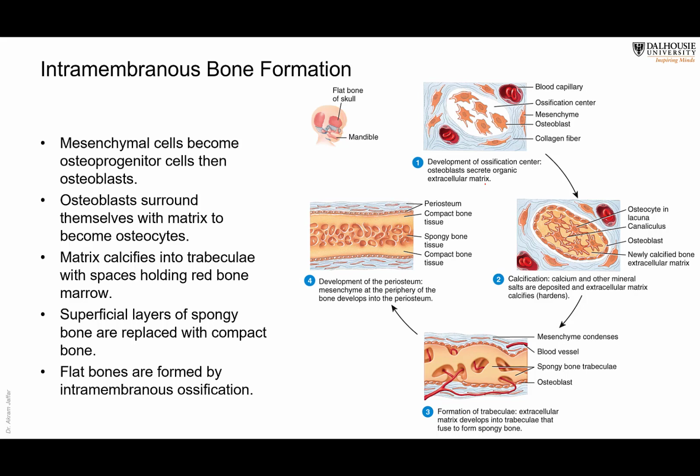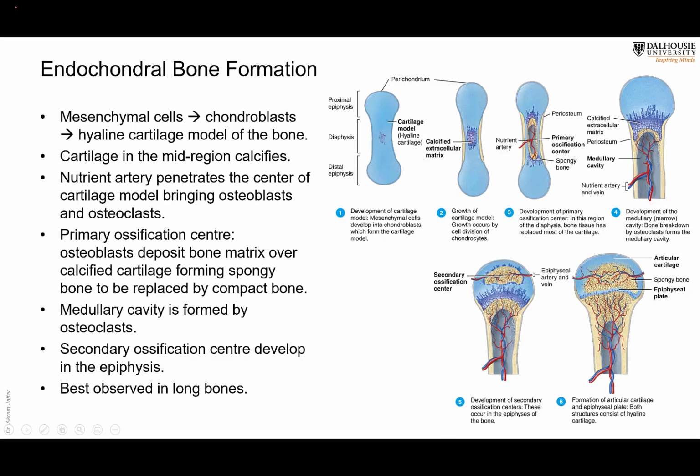You can see here what I have just said, that they will form spongy bone in the middle, and then there is compact bone here, and usually then they will be infiltrated with blood vessels and so on. In endochondral bone formation, as I said, mesenchymal cells become chondroblasts, and chondroblasts form a hyaline cartilage model or template for the bone, and then there will be this template.